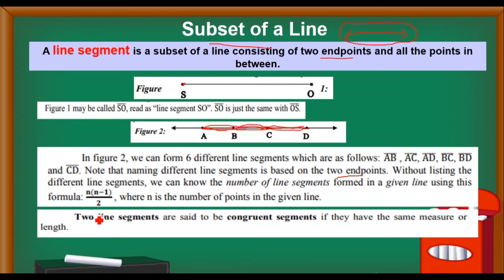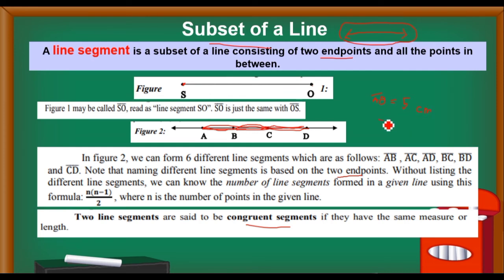So, 2 line segments are said to be congruent segments if they have the same measure or length. So, tandaan, congruent, ibig sabihin parehas ng length. For example, si line segment AB is equal to 5 centimeter.